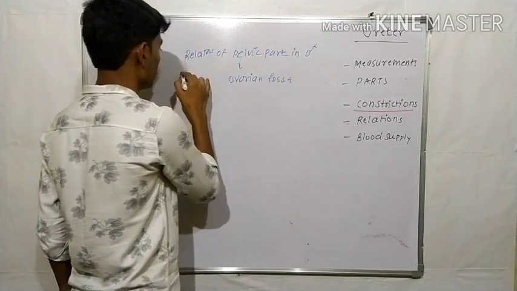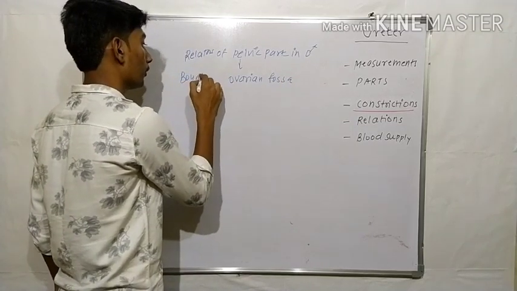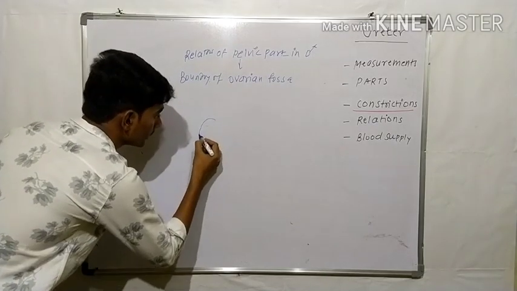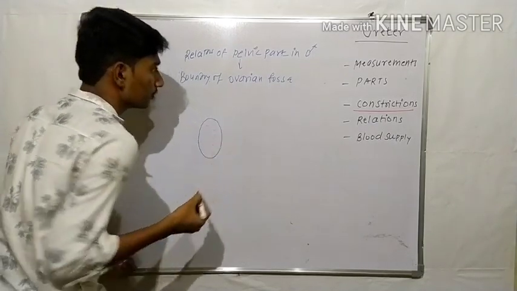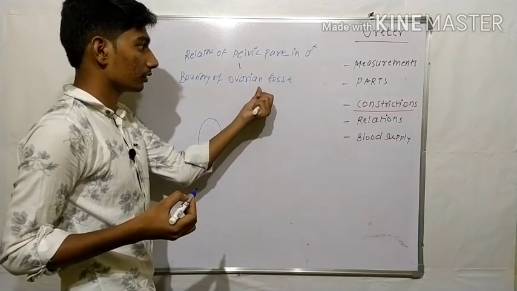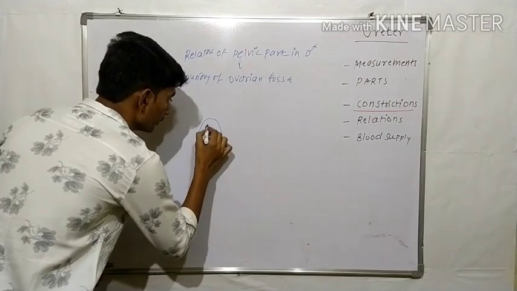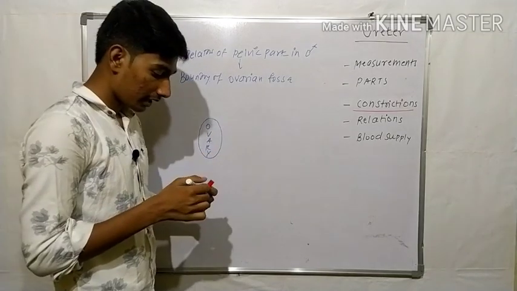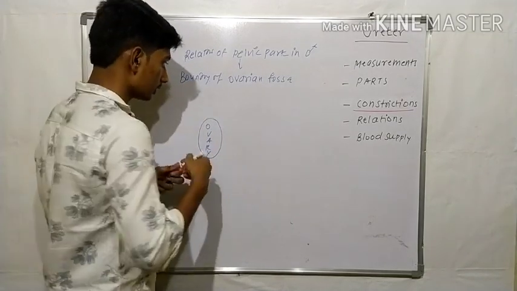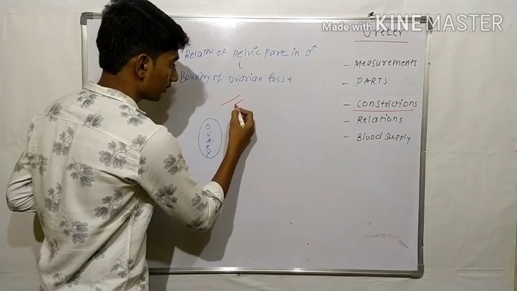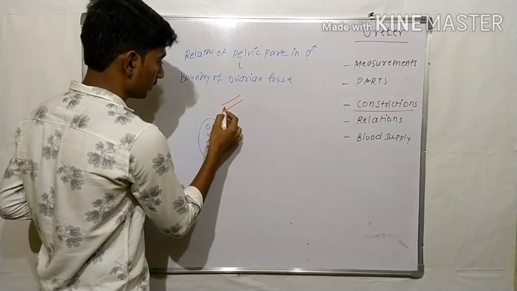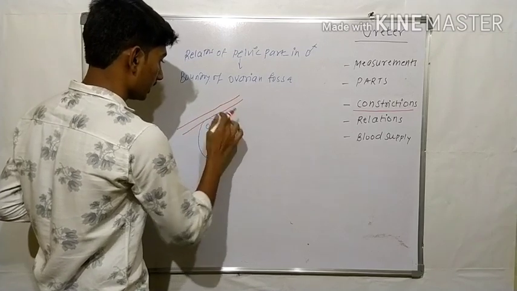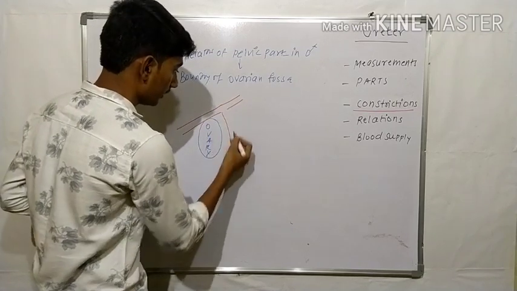Ovarian fossa means a space in which ovary is located. If this is the ovary, and this is common iliac vessel which bifurcates into external iliac and internal iliac.